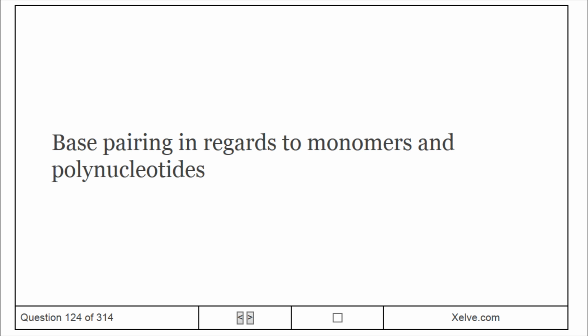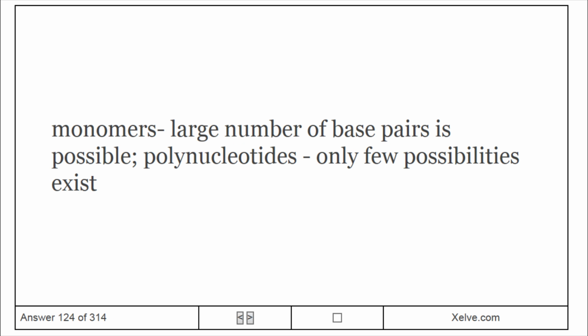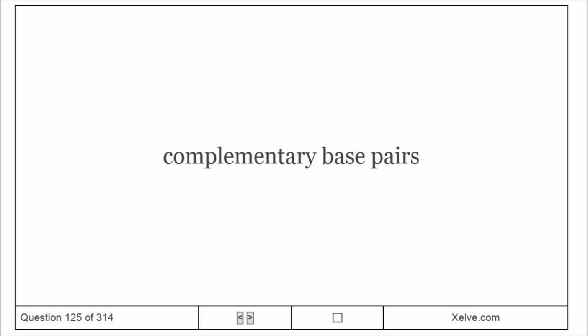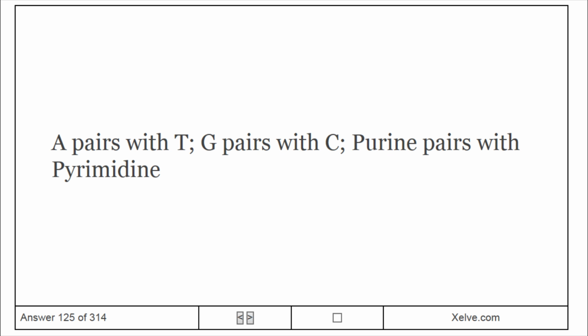Base pairing in regard to monomers and polynucleotides: for monomers, a large number of base pairs is possible; for polynucleotides, only a few possibilities exist. Complementary base pairs: A pairs with T, G pairs with C, purine pairs with pyrimidine.